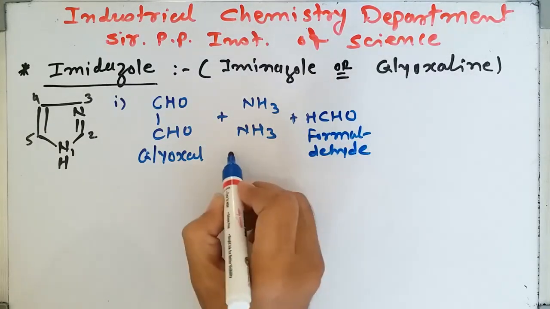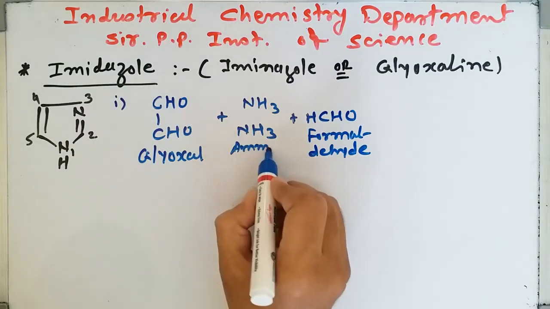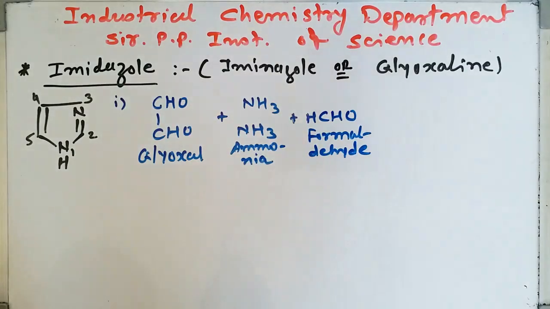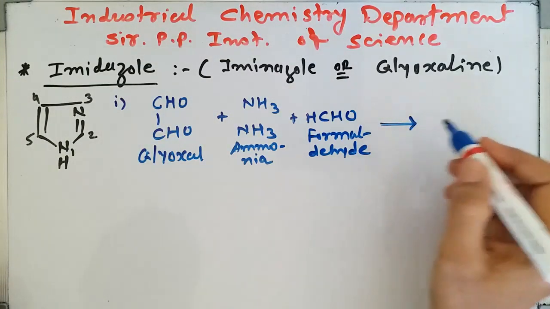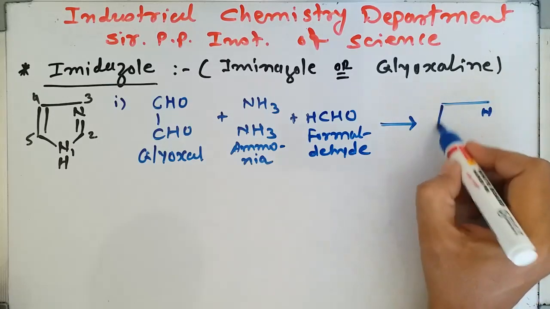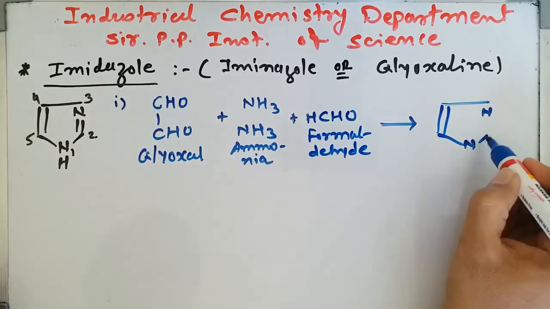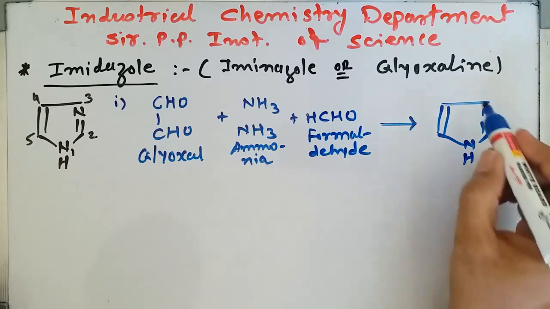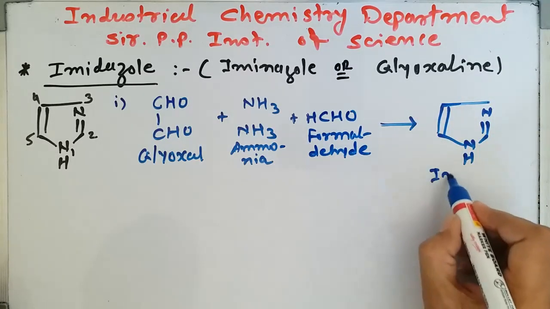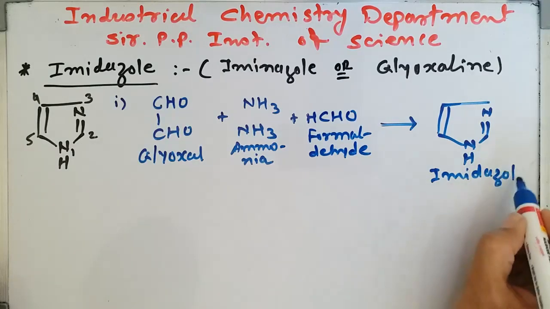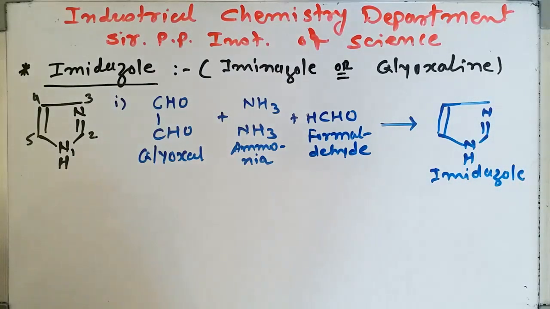So it may be prepared by the action of ammonia on glyoxal and formaldehyde, and we get imidazole.